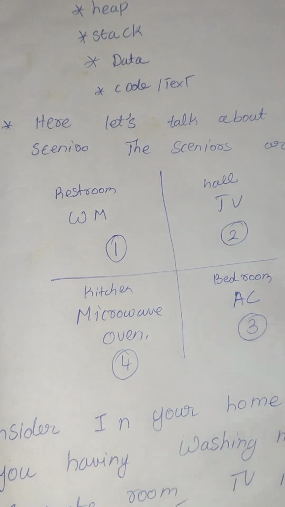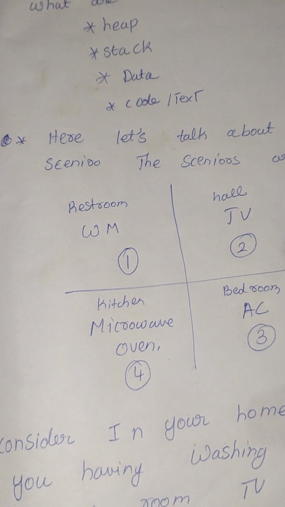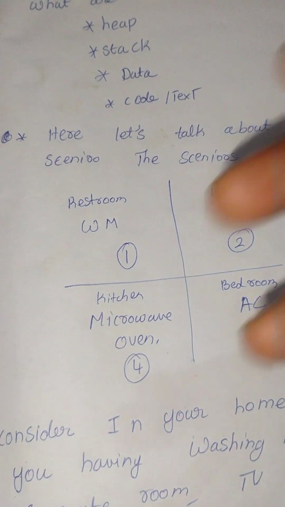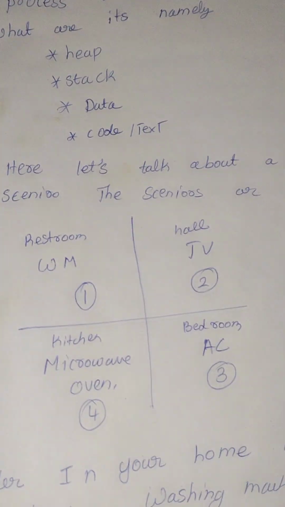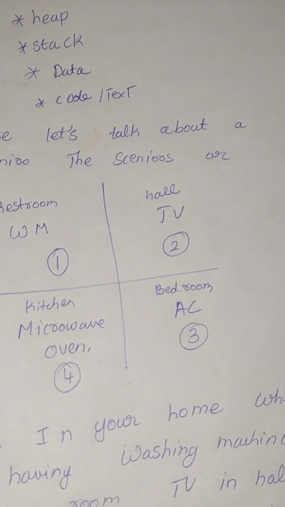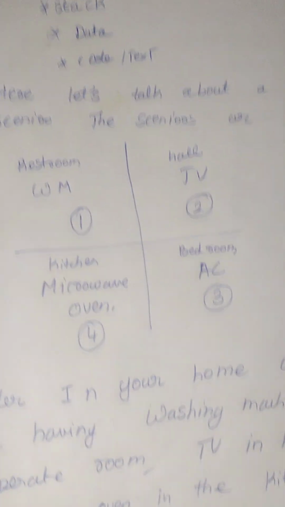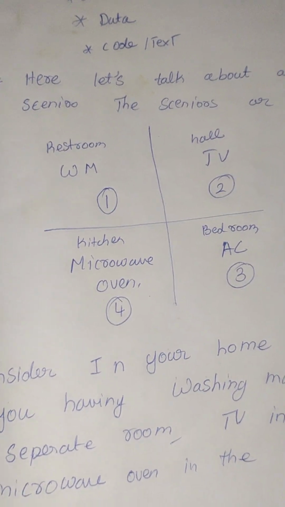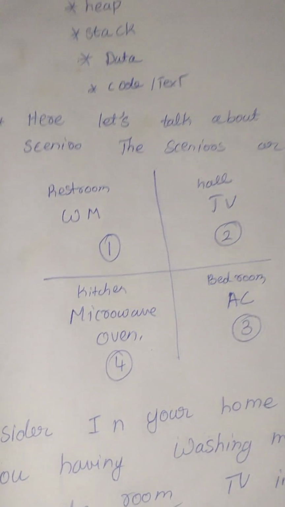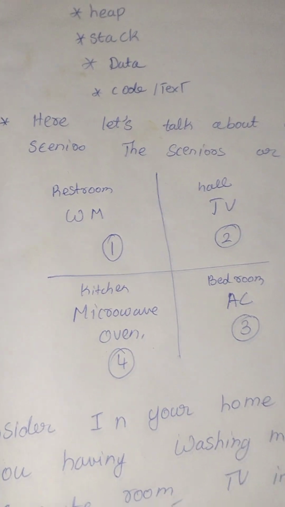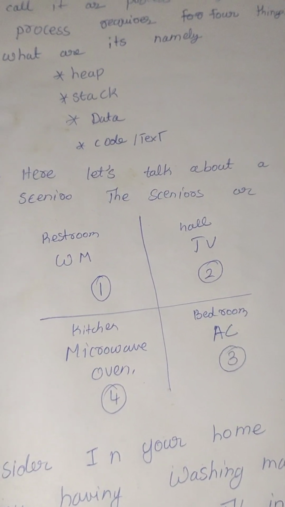If I want to watch TV, I go to the hall and watch TV. For the microwave oven, I go to the kitchen and prepare my food. And if I want to take rest, I go to the bedroom, and through the AC I get good air. So each operation we set in a separate space, and it's also easy.